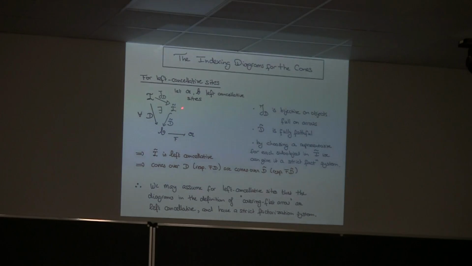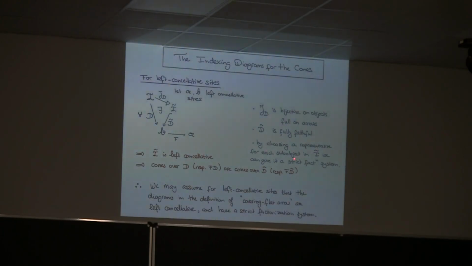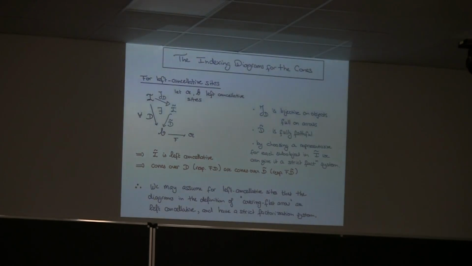I could actually assume that the diagram was left cancellative itself. And in particular, just to look ahead, we can even assume that I tilde has a factorization system if I choose a particular representative for each object in I tilde. Then I have a strict factorization system there, which I will need in a moment.